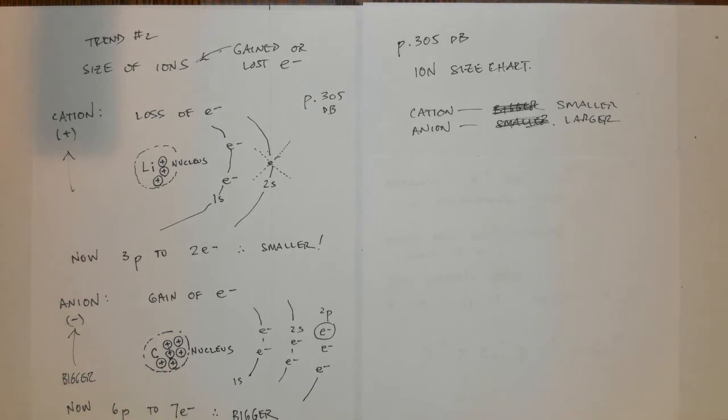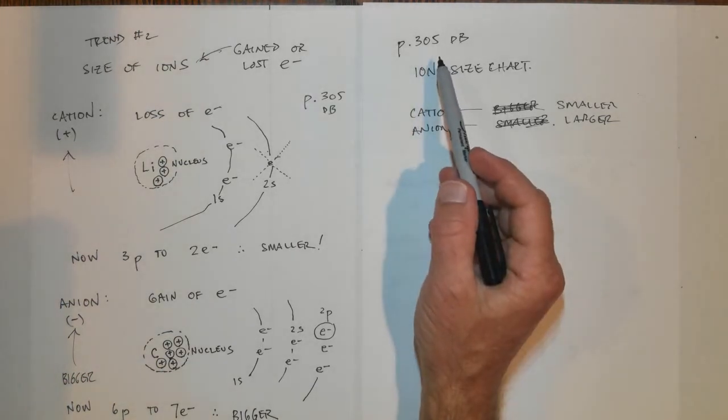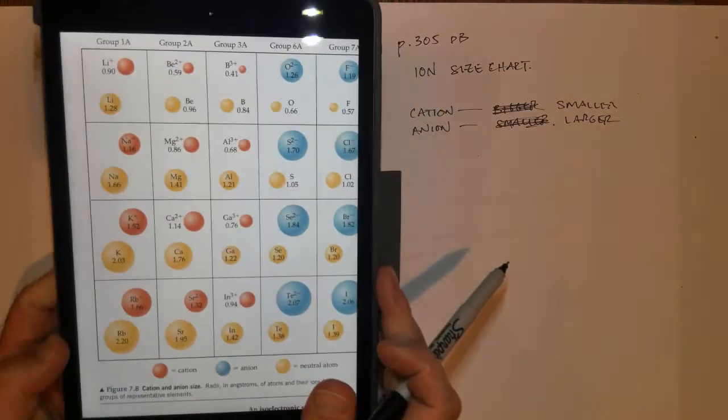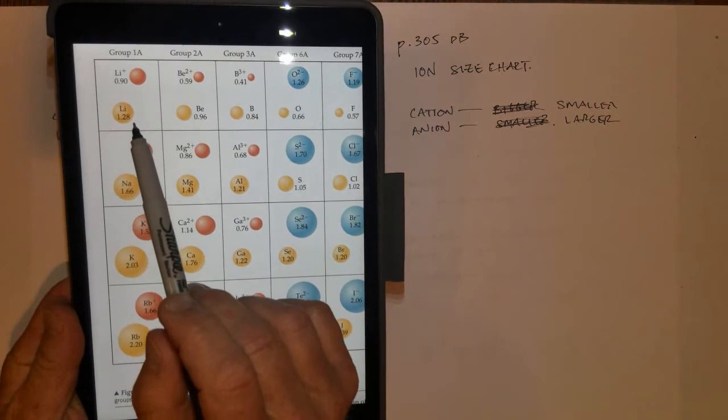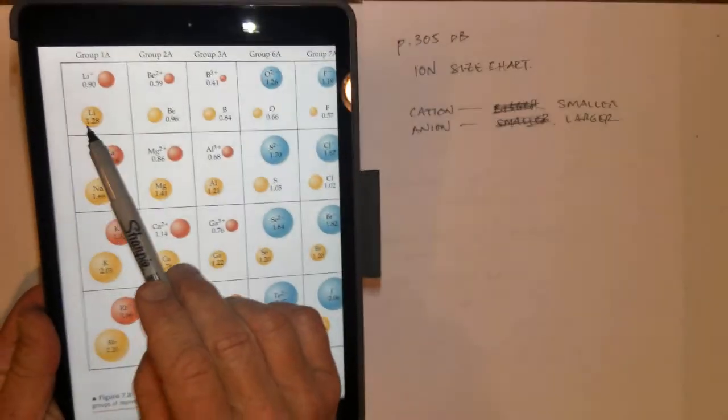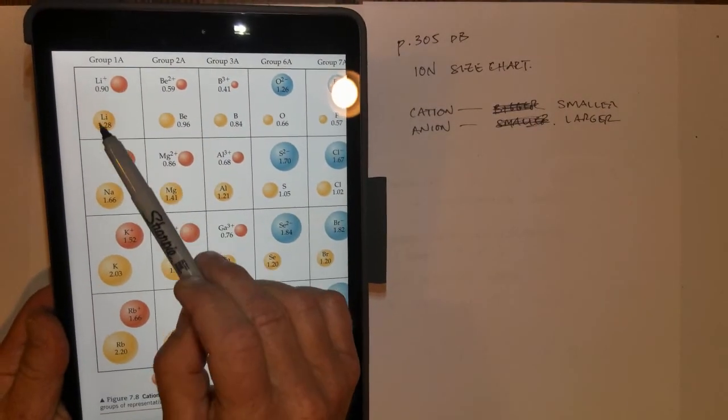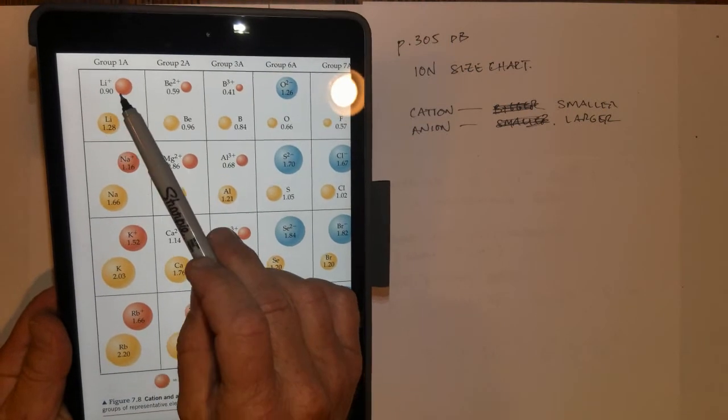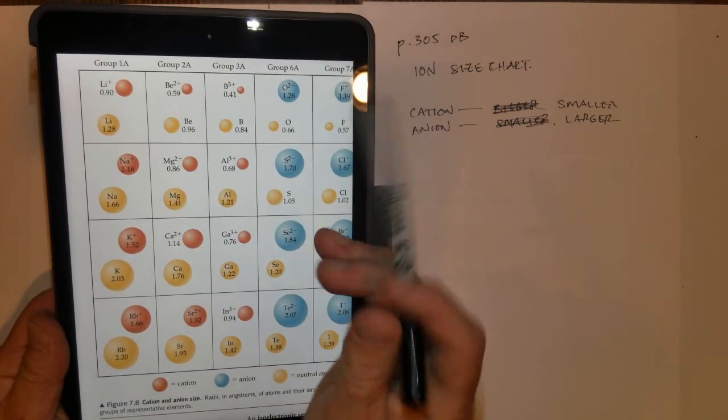So on the chart, which I'm going to show you on page 305 in your digital book, you'll be able to see a list of a bunch of ions right here. And you can see lithium right here lost an electron, now it got smaller. So it went from 1.28 down to 0.9.